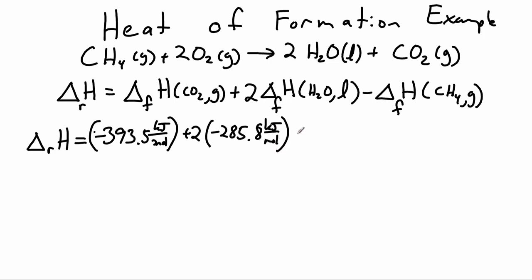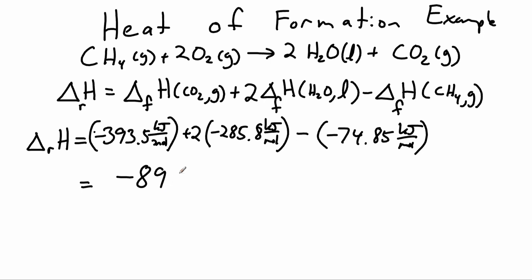And then we have to subtract the heat of formation of methane, which is negative 74.85 kilojoules per mole. And we add all that up, and we end up with a negative 890 kilojoules per mole. And I advise using parentheses because in several cases you're subtracting a negative number.